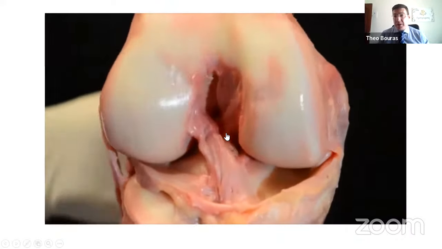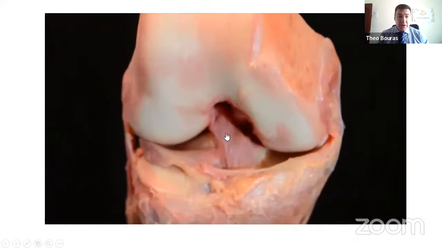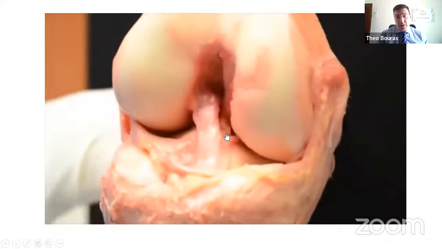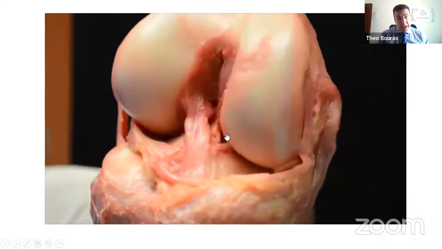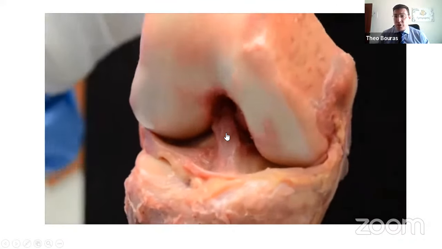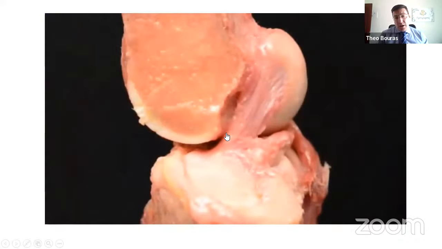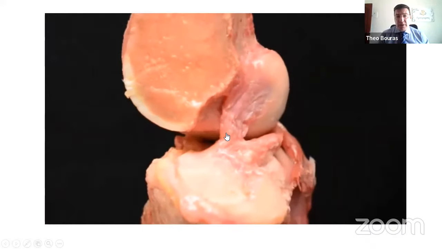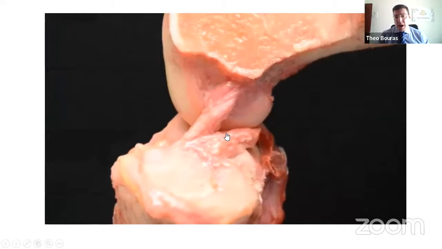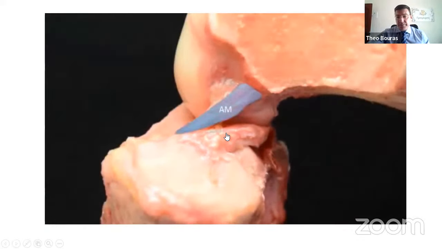It consists of 90% collagen type 1, 10% collagen type 3, and has two bundles, the AM and the PL bundle. The AM bundle tensions in flexion, the PL in extension. The mean length is 30 to 35 millimeters and the mean diameter is about 11 millimeters.